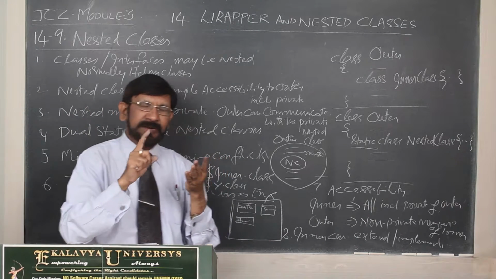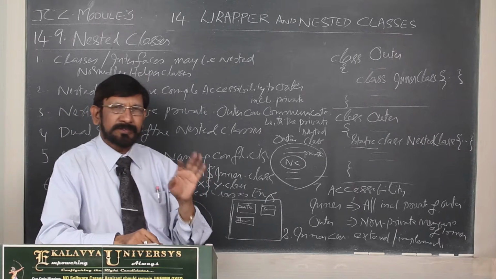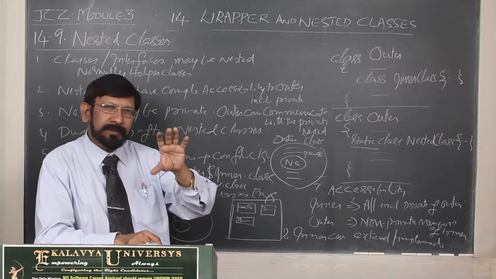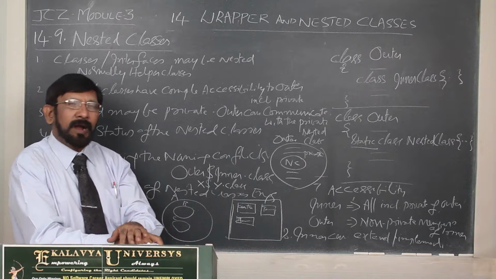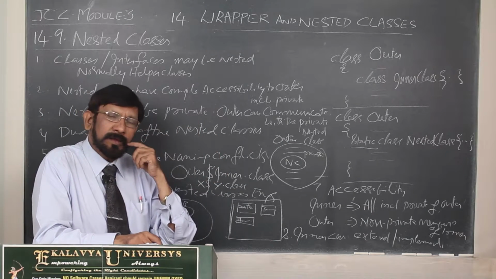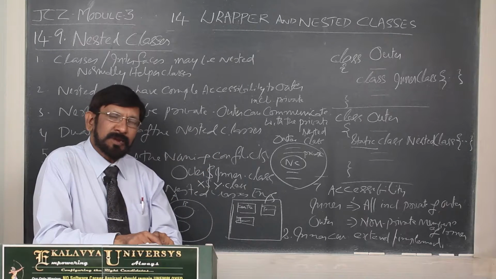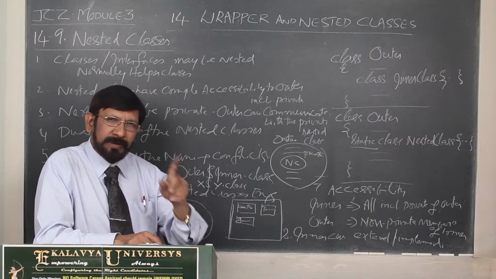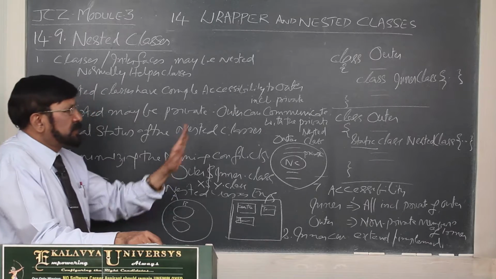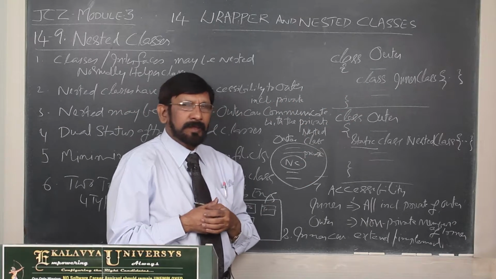Second one, nested classes, those are static nested classes. Third one, local classes, defined within the body of a method of a class. Without giving a name, if you define it within the method, it is called an anonymous class. Anonymous classes are meant for using only one time, not recurrently. In this way you remember the classification.